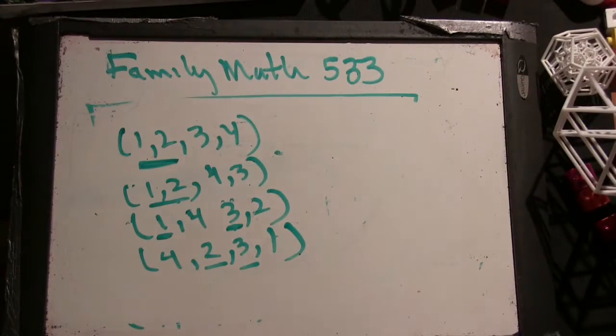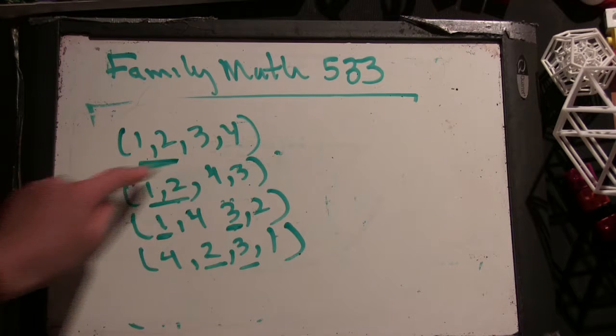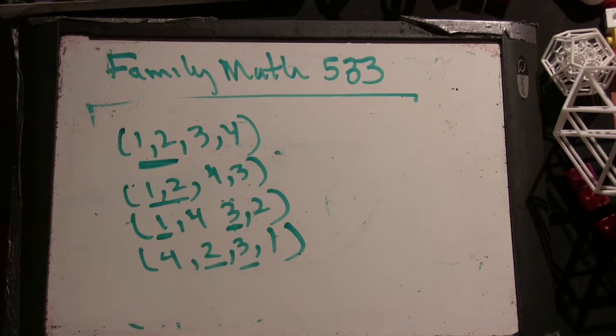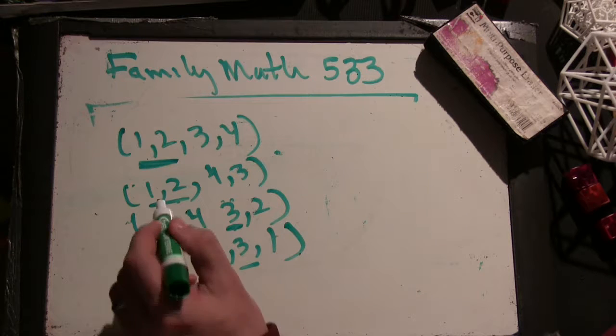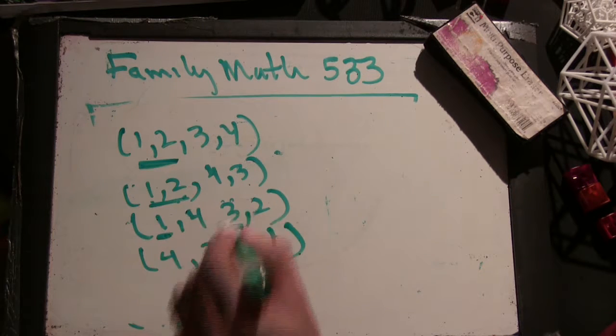Well, how many of these would there be? Good question. I guess you can choose 2 of these numbers to share with our starting thing. So there's 6 ways, because it's 4 choose 2. First we shared 1 and 2, then we shared 1 and 3.